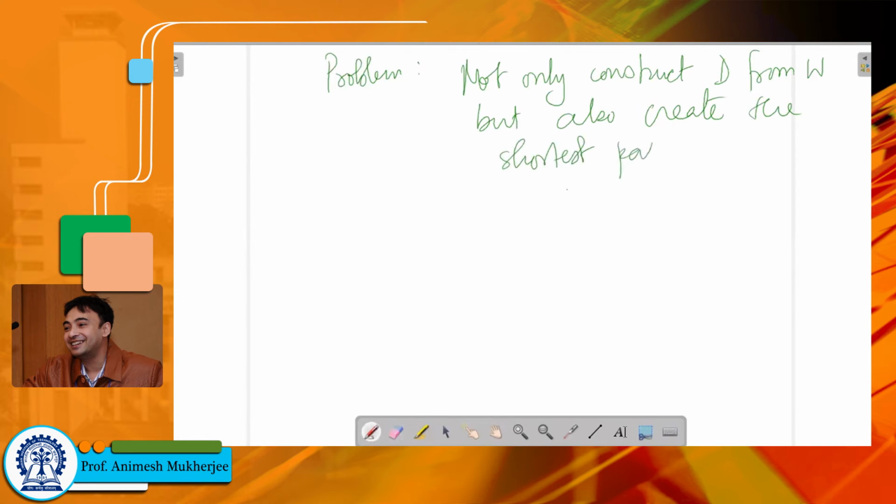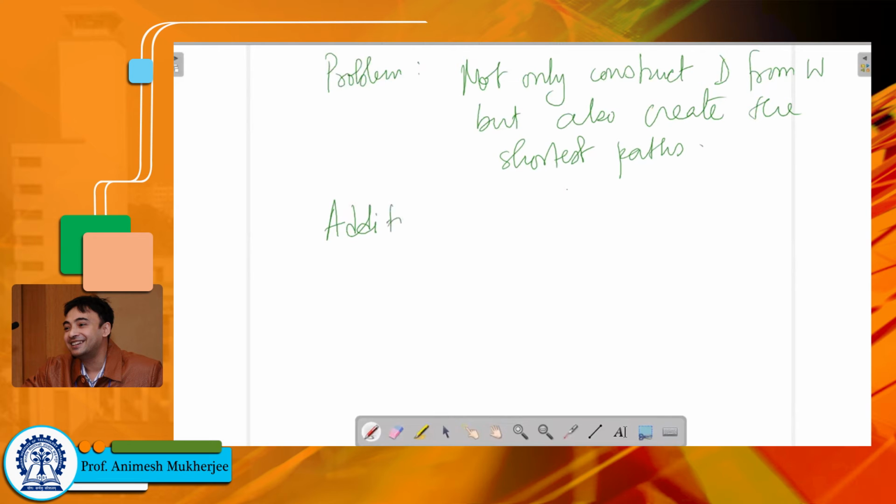Shortest paths. For this, in addition to whatever we have produced as outputs in the previous algorithm, we will produce another output.